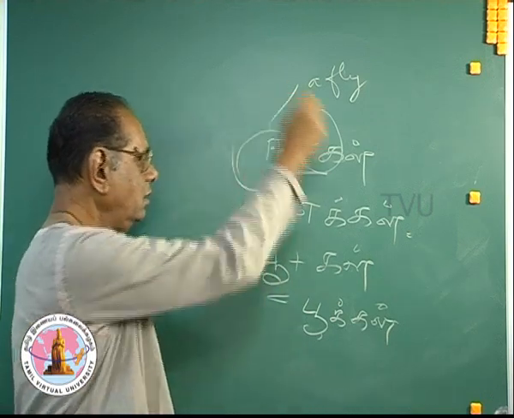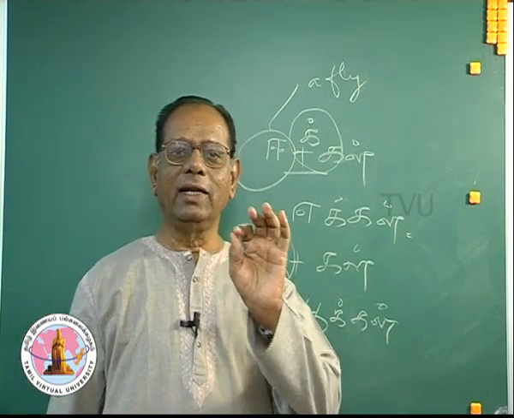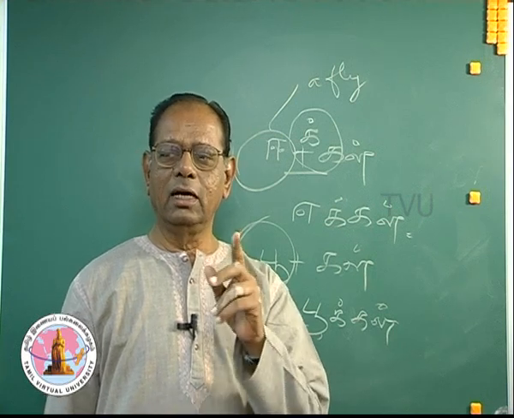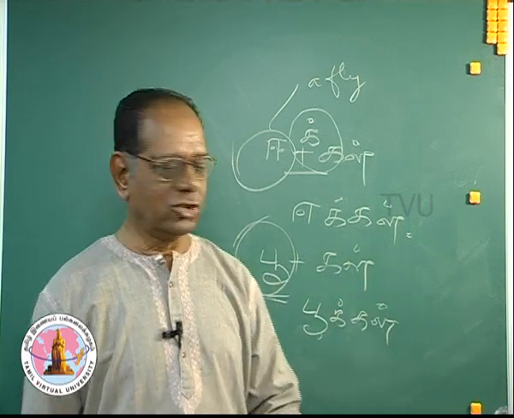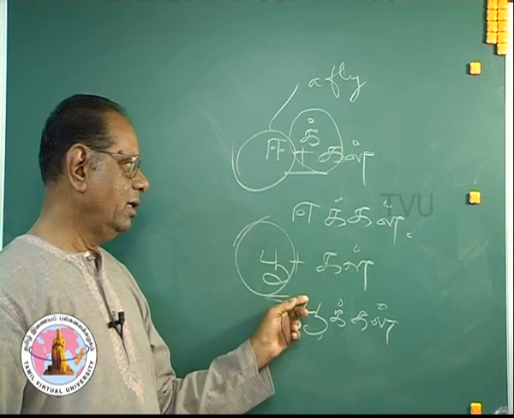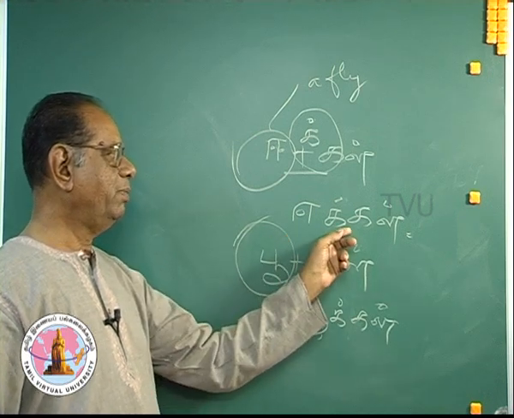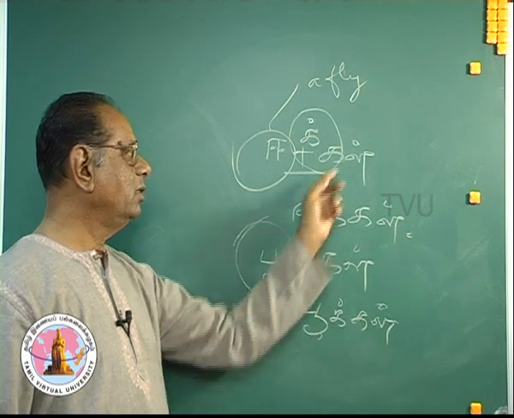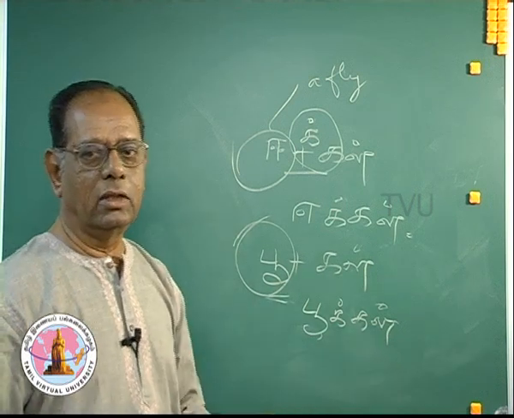Both E and poo are solitary letters, long vowels and appearing all alone. That's why I call them solitary letters. So E and poo being solitary and also long consonantal vowels, they take up the doubling of this ka in kal. So it becomes ekkal and pookkal.